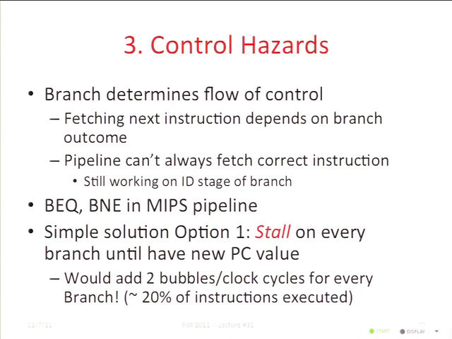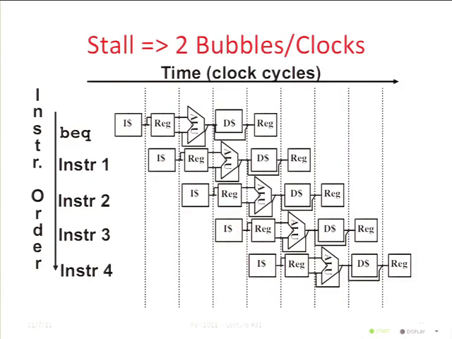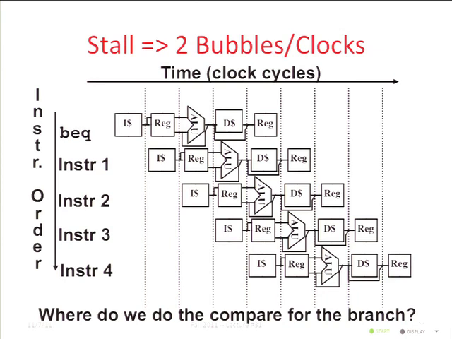Alternatively, you could just not load the pipeline until you get to the branch and know what's going to happen. But that's unfortunate because there are a lot of branches where 99% of the time you'll take the branch and 1% of the time you won't, or vice versa. So it's kind of a lost opportunity. So what we're going to talk about next time is how we fit branches into this architecture.